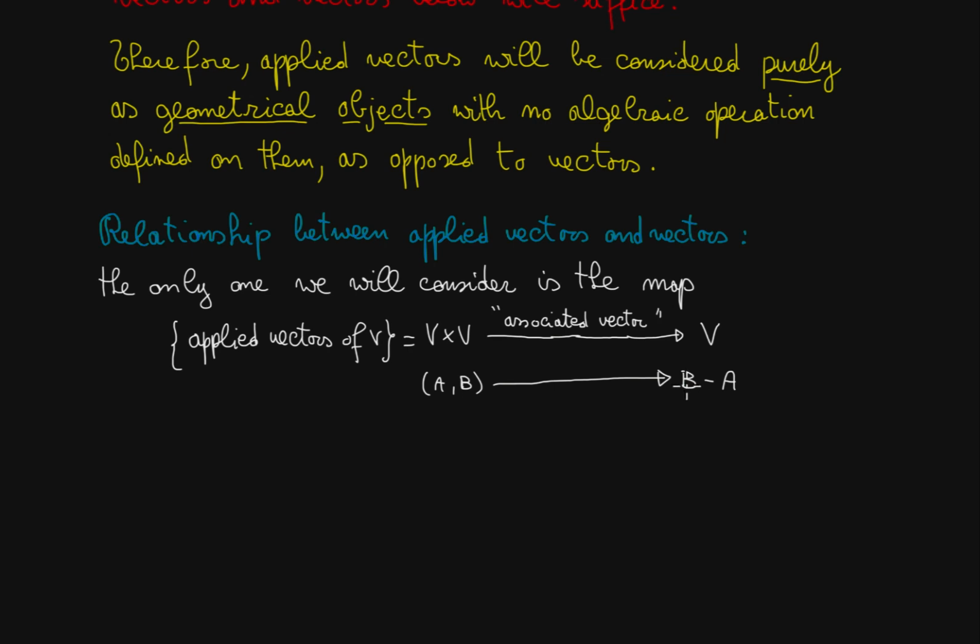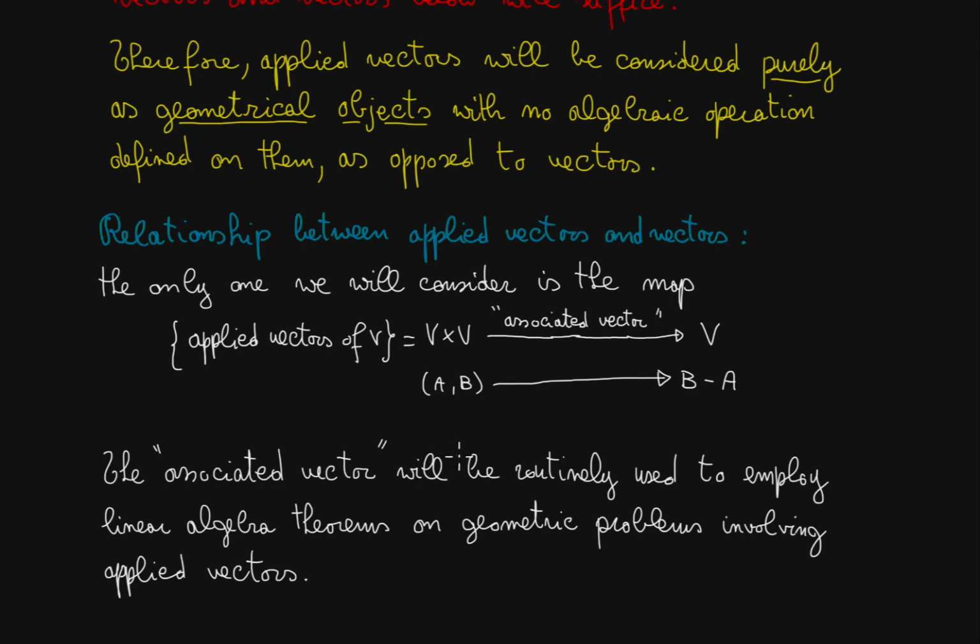Notice that B is a vector, A is a vector. The opposite of A is well defined because it is part of the algebraic structure of V, and the sum between B and the opposite of A is still a well-defined element of V, again because of the algebraic structure of a vector space.